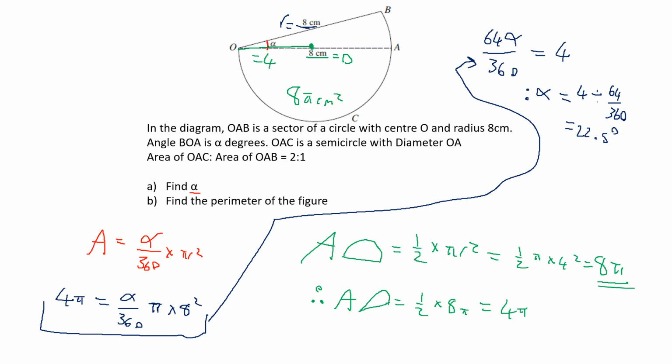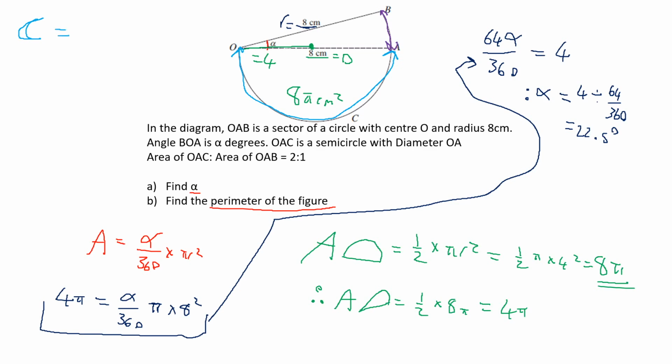Okay, cool. How are we going to find out what the perimeter of the figure is going to be? Well, the first thing we need to do is work out what this arc is equal to, and we also need to work out what this arc is equal to. Let's start with the semicircle part, because it's just easier.